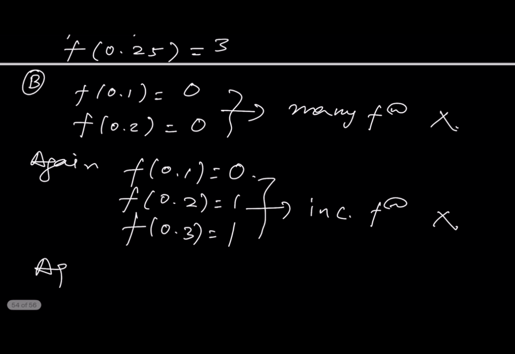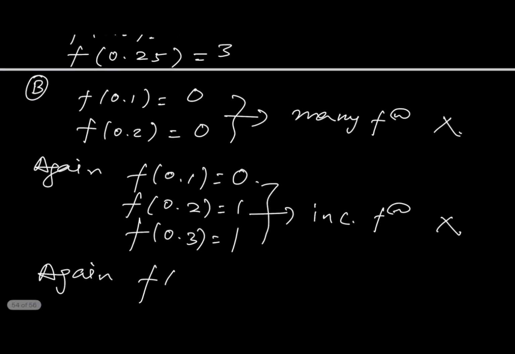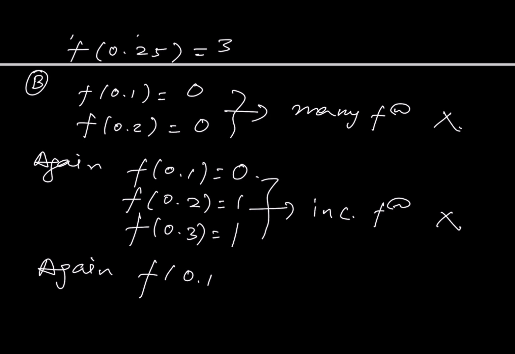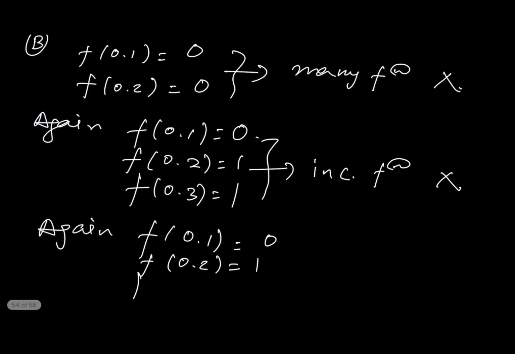Now if I take functions which are strictly increasing, so if I take f(0.1) as 0, f(0.2) as 1, f(0.3) as 2, and f(0.4) as 3.